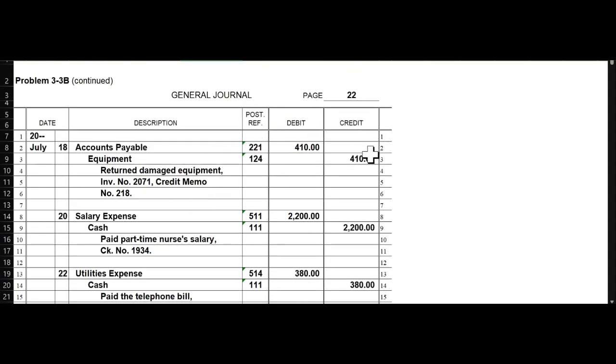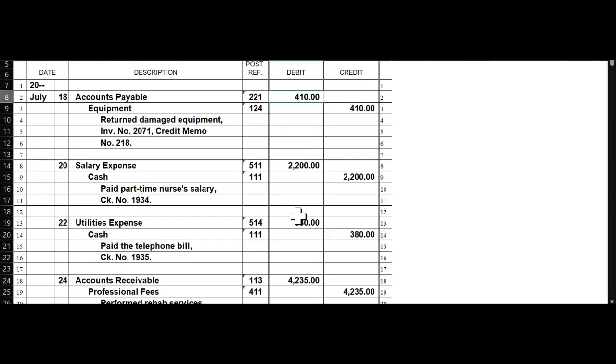Here's one that we haven't seen before, where we are returning a portion of the equipment that we have bought. So we are decreasing accounts payable and decreasing the equipment. So notice that we are giving the equipment back and we're getting a reduction in the amount that we owe to that particular supplier.